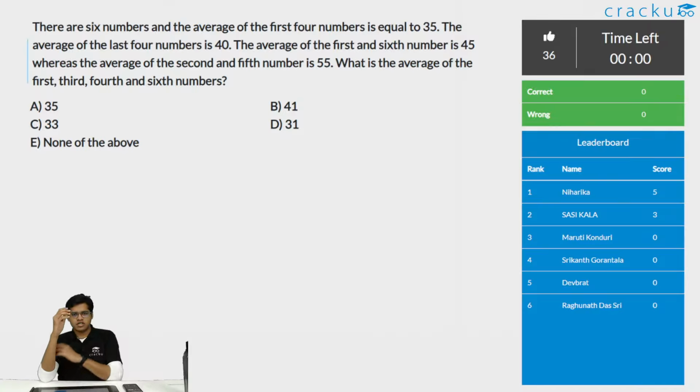So first, brush up your concepts. Second, focus on the order of attempt: which set you solve first, then which set, and again which set. You can make this order in your first 3 to 4 minutes. When the DILR section starts, in the first 3 to 4 minutes, figure out what you have to do and what you don't have to do, and accordingly you attempt.